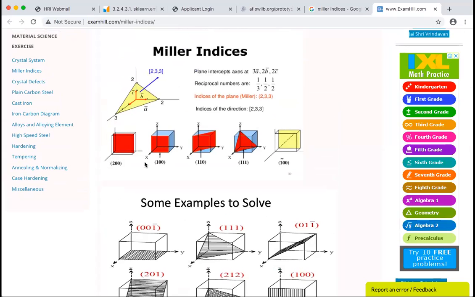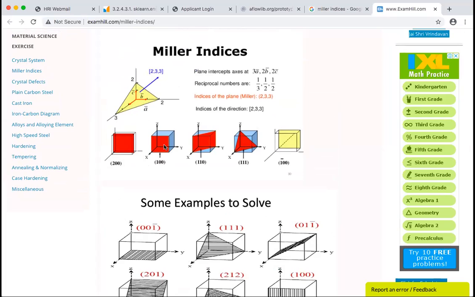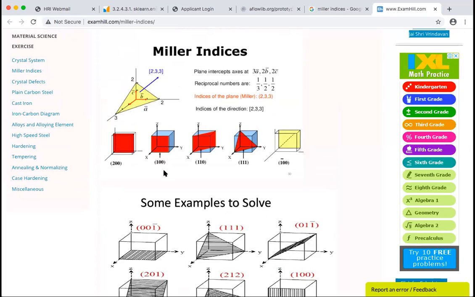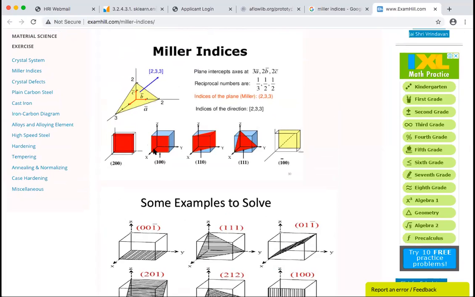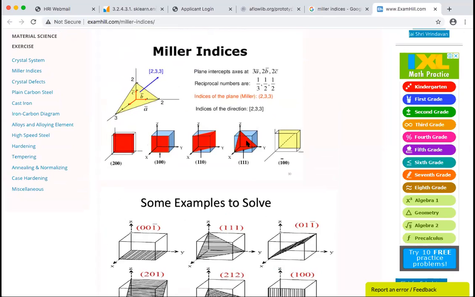As you can see, you can have different planes. You can have planes parallel to this plane here, or here, or here. There can be several types, directed different ways, families of lattice planes.